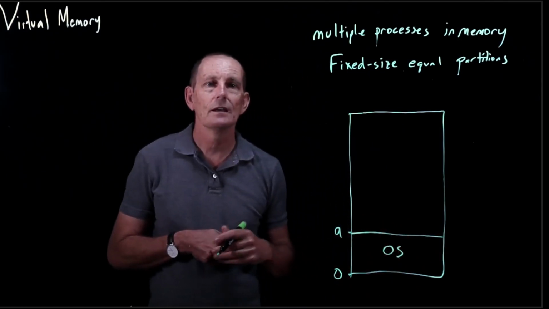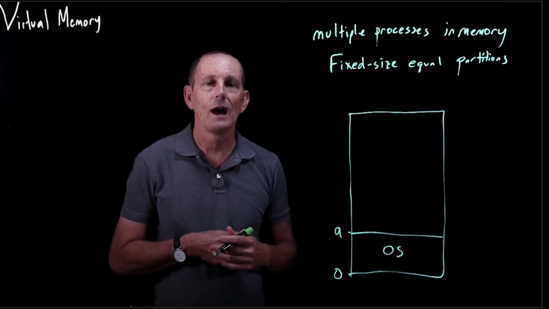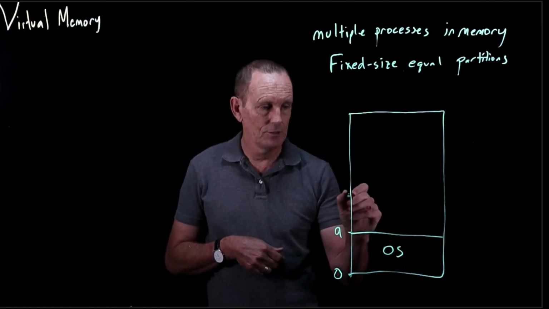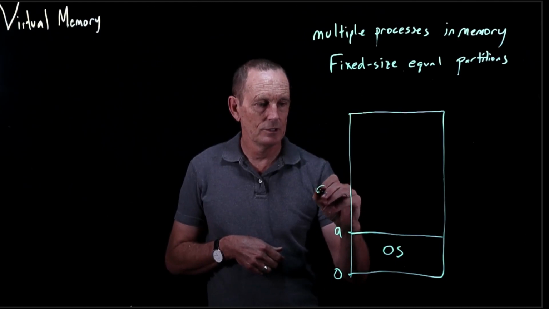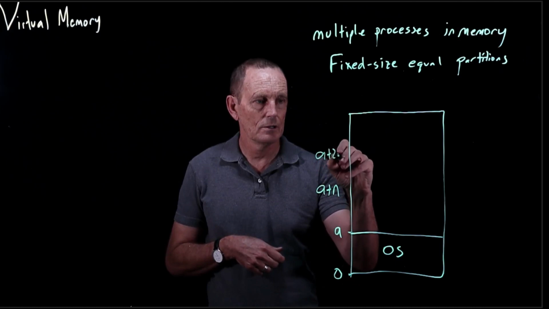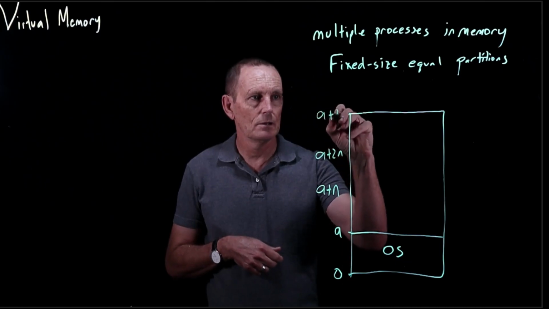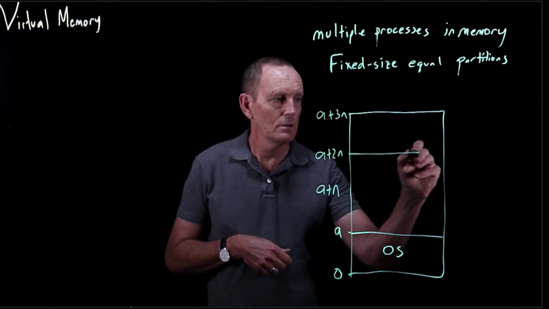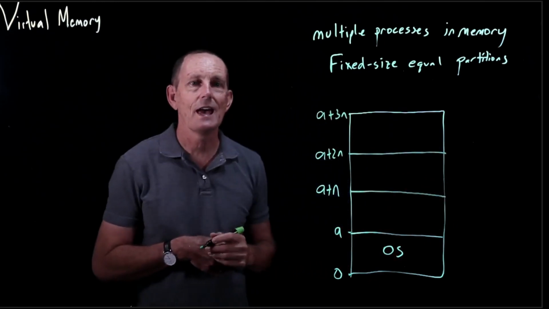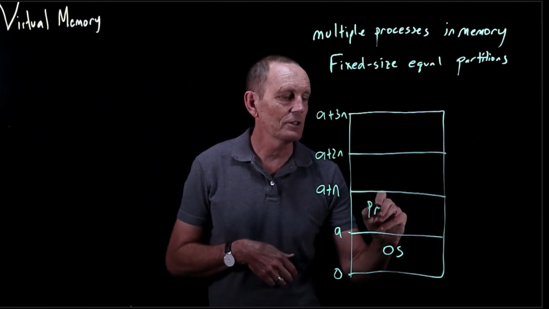Again, from 0 to A will be where we locate the operating system. And then we'll go ahead and do some fixed size partitions of size n, and this is where we'll put the various processes.